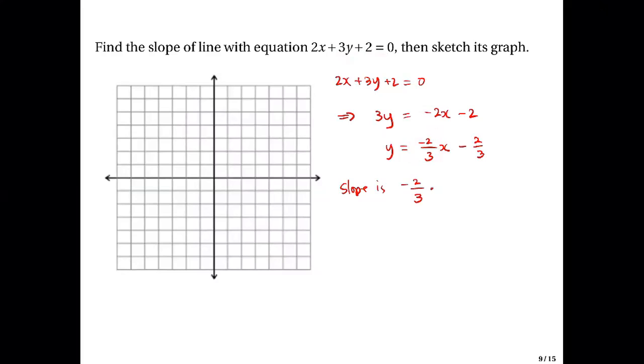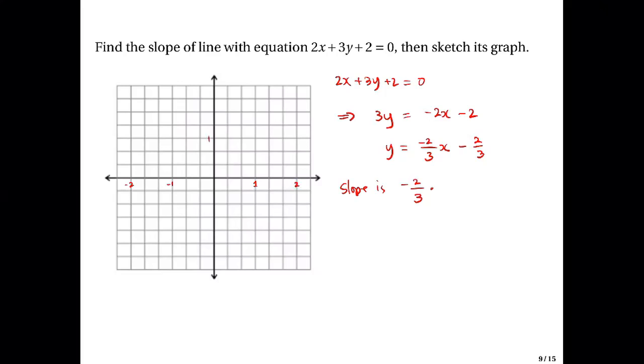Next, we want to sketch the line. So you see here, this is the y-intercept, which means that if x equals 0, the value of y equals -2/3. So let us just label our grid here. So say this is -1 here, -2 here, then here +1, +2 here.